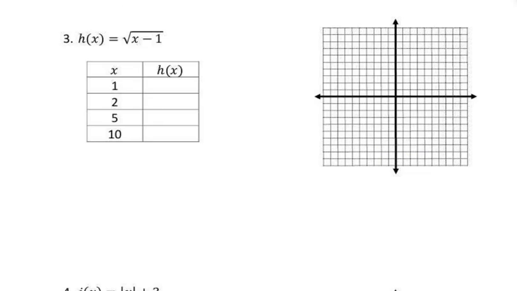The next graph we look at is going to be a square root function. Y, X. Get our scale on there. And we'll use that table of values. So the square root of 1 minus 1, or the square root of 0, is 0.